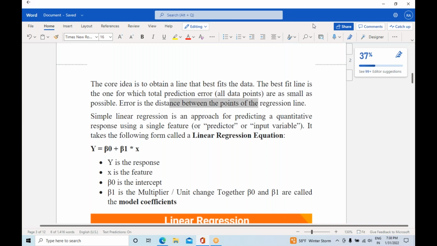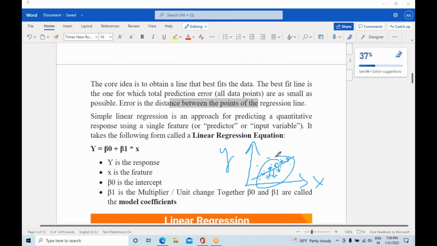Let me take a small graph for the understanding of this. For example, this is my x data and this is my y data. For each x you have some y values, right? So you have some best fit line. This is your regression line, so from this line we find the distance to each and every point, and that we call the error.